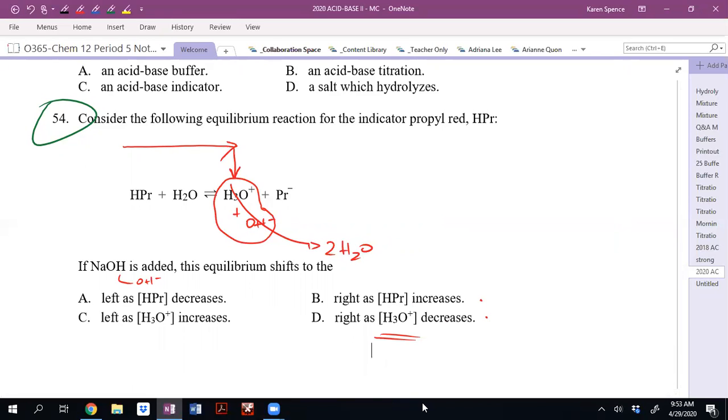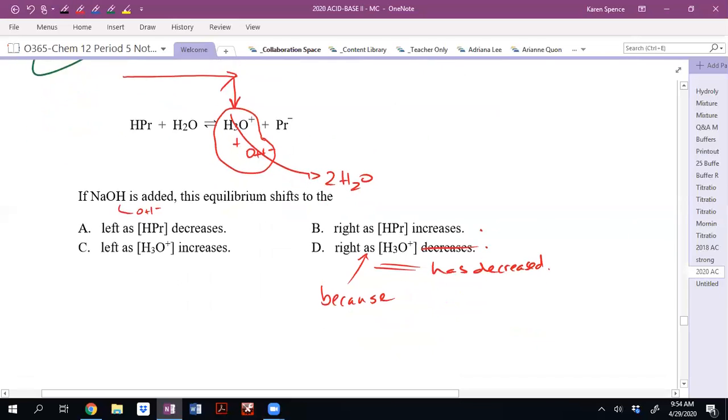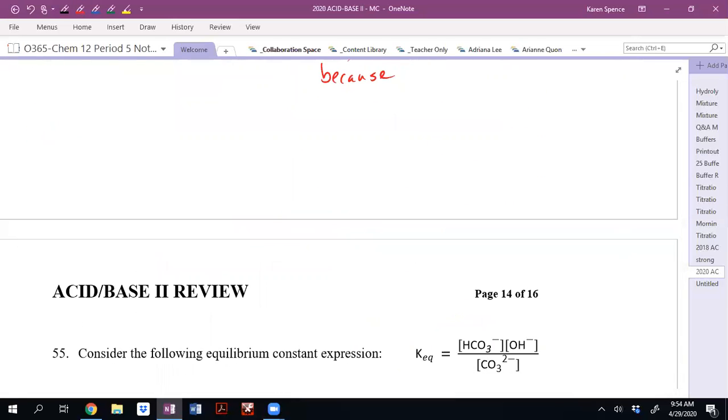The way they've phrased it sounds a little strange. They're basically saying it shifts to the right because H3O plus has decreased, which might be a little less confusing. Yeah, and that's it. That was number 54.